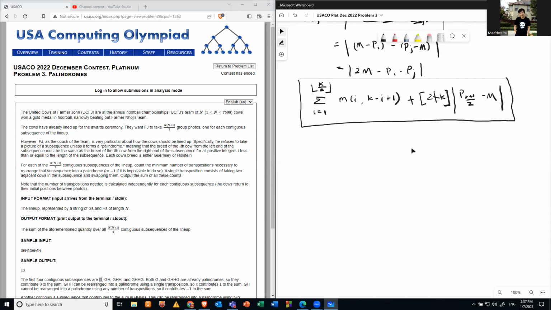Okay, so let's see, how do we calculate this? We said this has to be O(n squared log n), right? So we cannot calculate this in O(n) time. Otherwise, it's going to be O(n cubed), right?